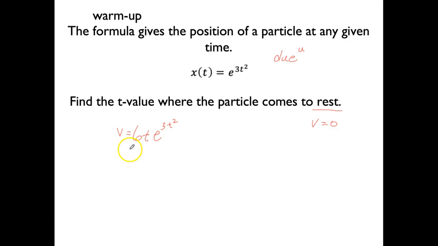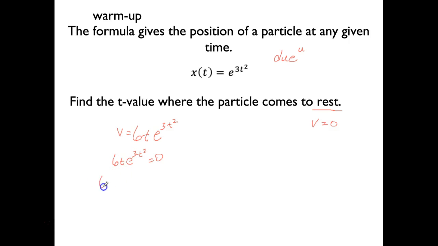And we want to find when the particle comes to rest. So let's set this equal to 0: 6t e to the 3t squared equals 0. If we can find out when t makes this 0, we can find out when it comes to rest. Remember, when things are multiplying, you can set the factors equal to 0 themselves.